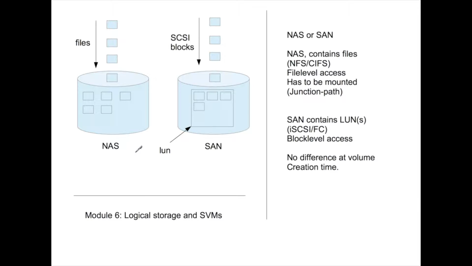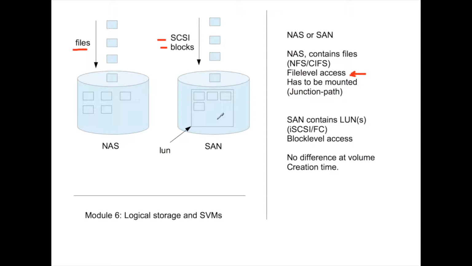Now, when you talk about data volumes, you have two types. In fact, you can have stored two types of data. First of all, you can have file level access, which is important to know for the exam. So NAS clients have file level access. When we talk about NAS and SAN, we'll dig this out a lot deeper. But you can have files in a NAS volume. Next to that, you can have SCSI blocks, SCSI data, in a SAN environment.